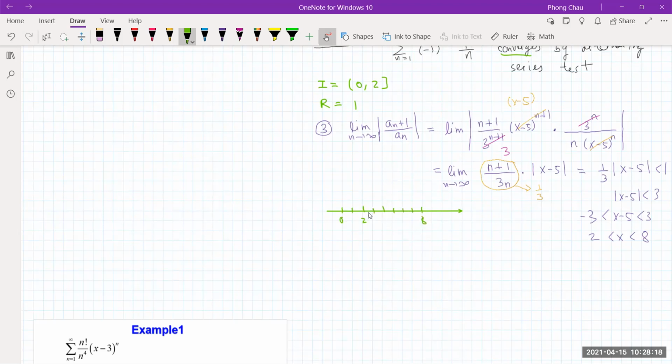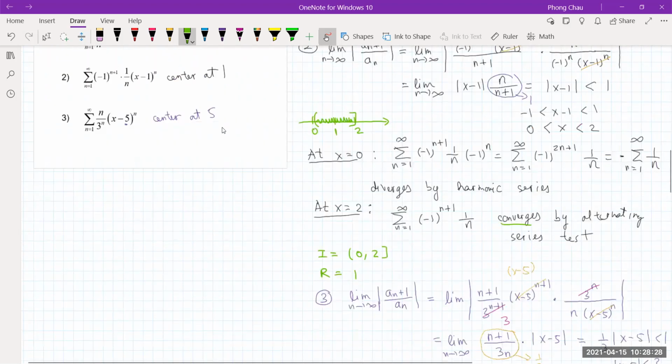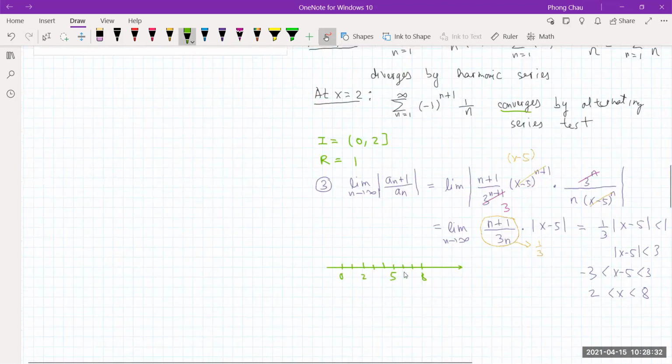Our interval goes from 0 to 8, with 5 in the middle. That's why I call it the center. If you draw the number line and don't see the 5 in the middle of the interval, you know that something is wrong. That would check the work.